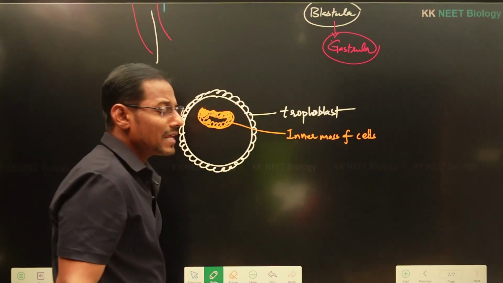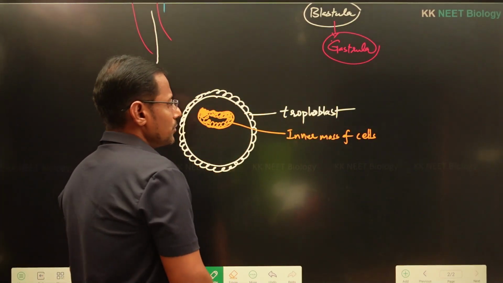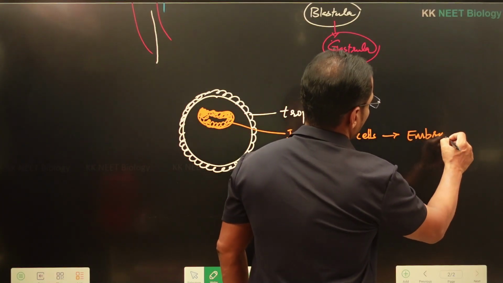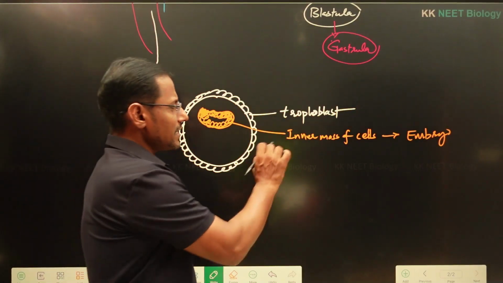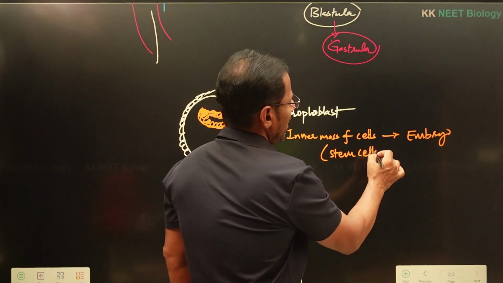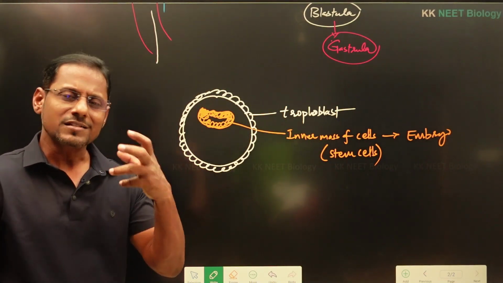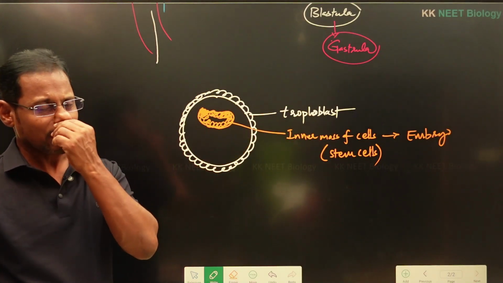This inner mass of cells is going to be differentiated further and turned into the embryo. So the embryo or baby is going to arise from this inner mass of cells. These cells contain stem cells. Stem cells means they differentiate into various organ systems. They are present in the inner mass of the cells.